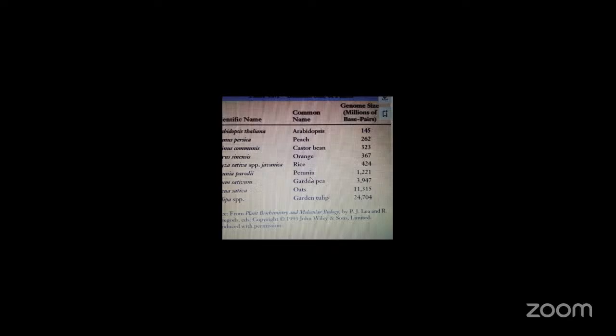So, plant nuclear composition. The plant nuclear genome consists of DNA divided among the chromosomes within the cell nucleus.